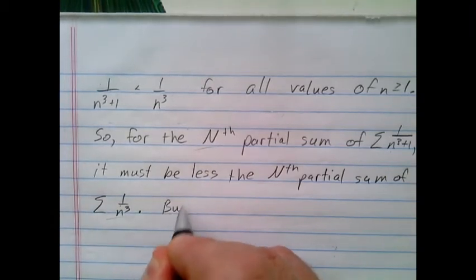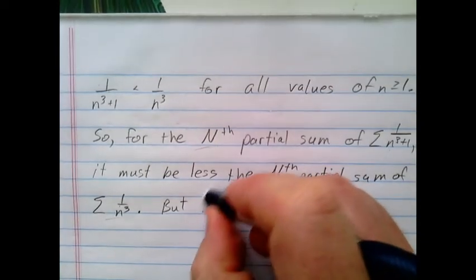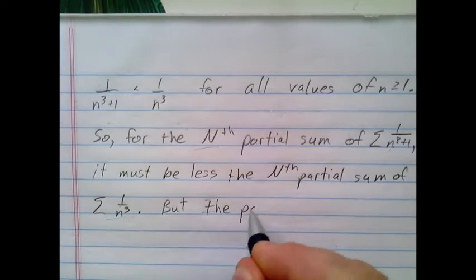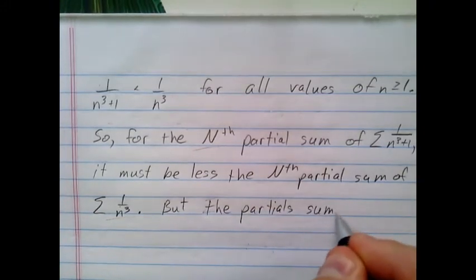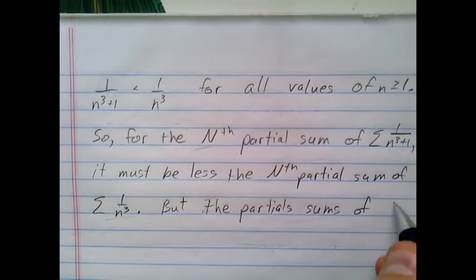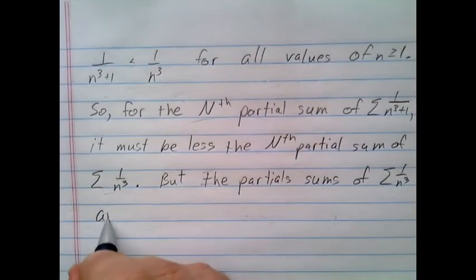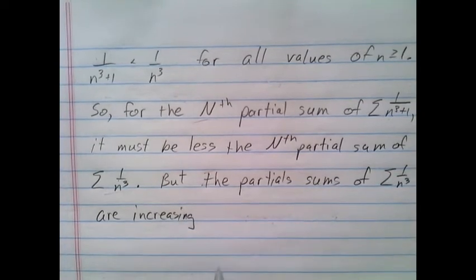But the partial sums, so I'll say it like this: the partial sums of my series where I just have 1 over n cubed are increasing. Why are they increasing?